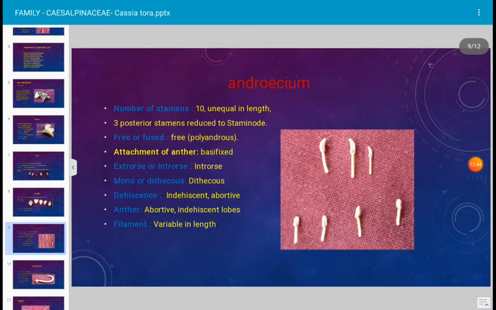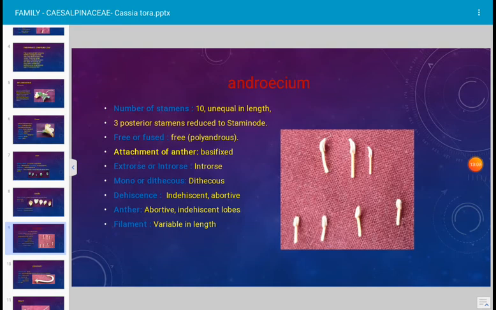Next, this is the photograph of the androecium of Cassia tora, Caesalpiniaceae family. There are 10 stamens, but in some flowers a few are sterile stamens.